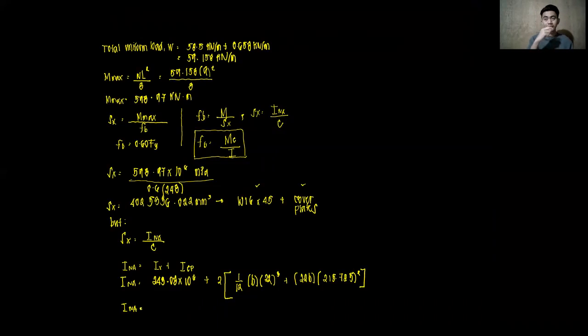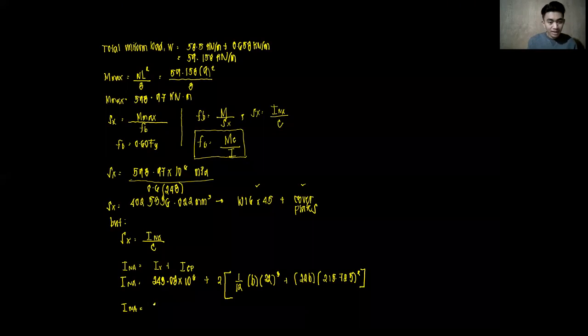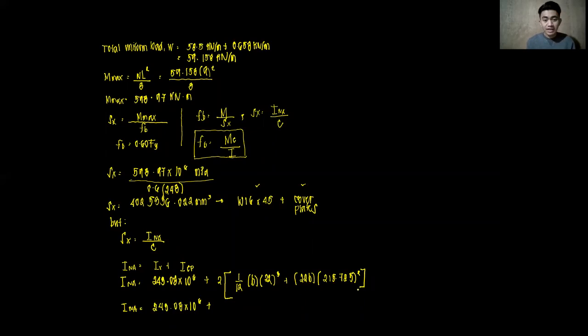I'm very sorry. Medyo maingay ngayon. So I will have there, kopyahin mo lang muna natin to, 243.08 times 10 raised to 6 plus simplifying this in terms of B. Take note, andito si B, then andito rin si B. So I can add these two, then multiply it by 2. Ano yung lalabas?